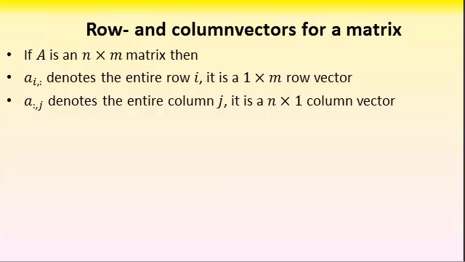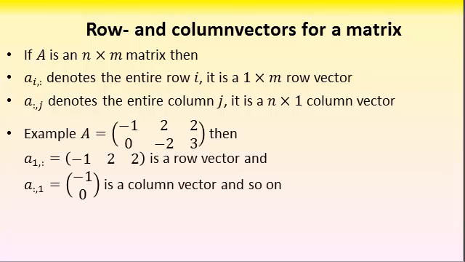So here's another example. A is a 2 by 3 matrix consisting of these elements. A1, comma, colon, the first row with all of the columns, will then be -1, 2, 2, and A, colon, comma, 1 will be the first column, -1 and 0.